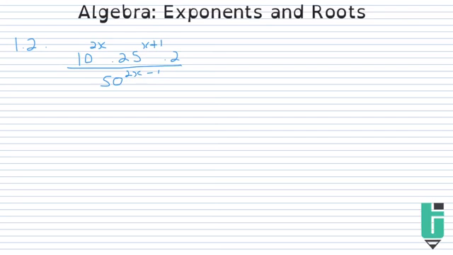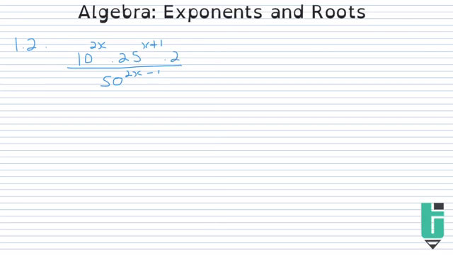So let's consider all the bases we have here. We have a 10, a 25, a 2, and a 50. So 2 is very simplified, this guy over here, so we're not really going to do anything with him. Since we have a 2 there, this hints at what we need to try and do for the rest.